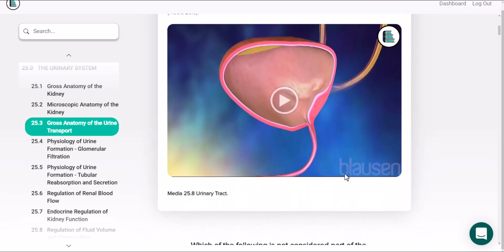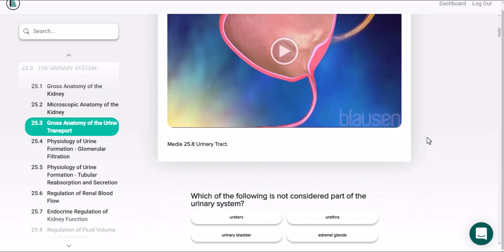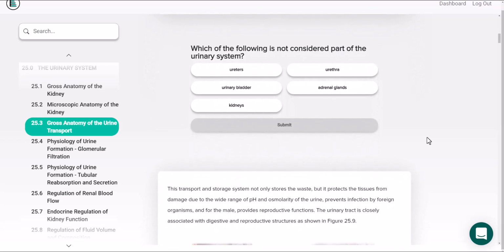So the urinary tract shown here would be the ureters, two of them, left and right, coming down, dumping into the bladder, and then leaving the body through the urethra. And that's the urinary tract. A urinary tract infection would be an infection somewhere along that urinary tract.